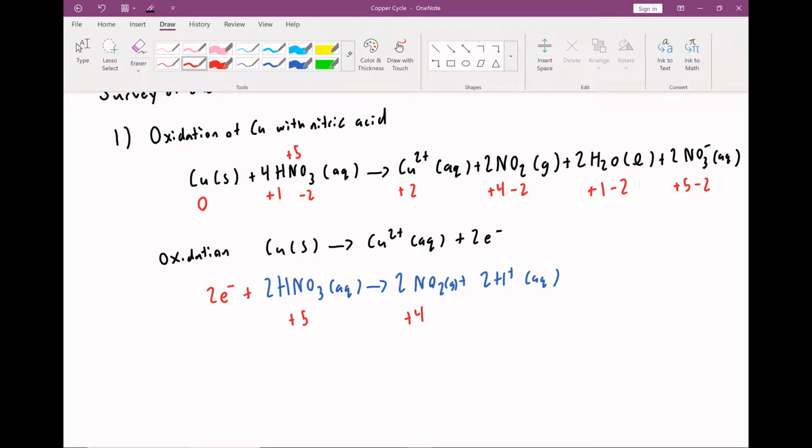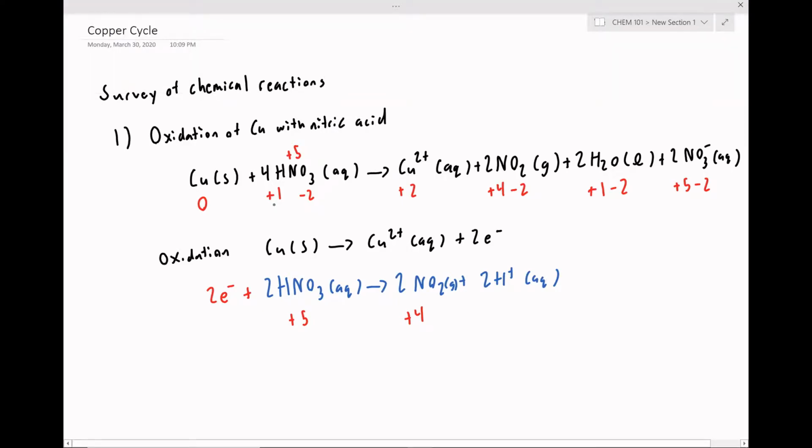Looking at this half reaction a little bit further, we have 6 oxygens on the left-hand side, and we have 4 oxygens on the right. So in order to balance oxygen, before we start messing around with the H+, we're going to need to add a total of 2 water molecules to the right-hand side.